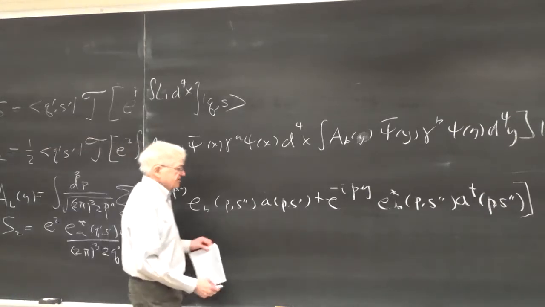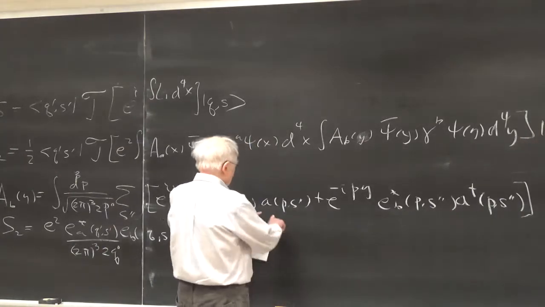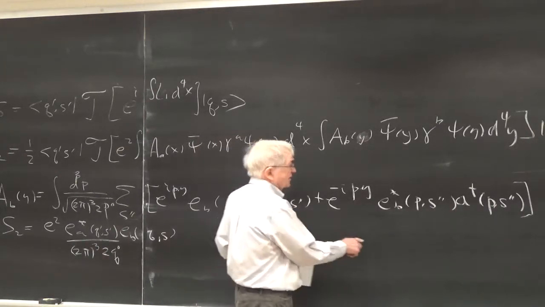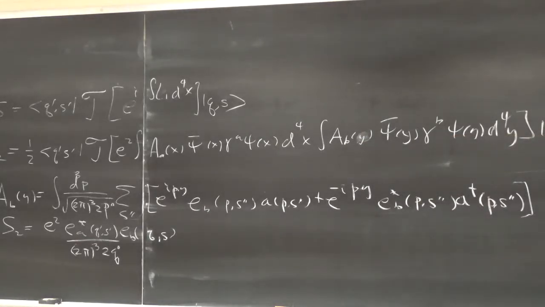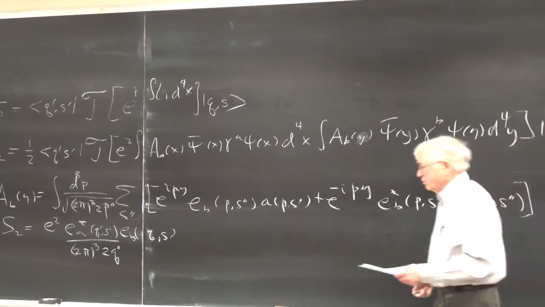The Q comes from the fact that a of p S double prime acting on the state Q and S gives us a delta of p minus Q and a delta of S S double prime.